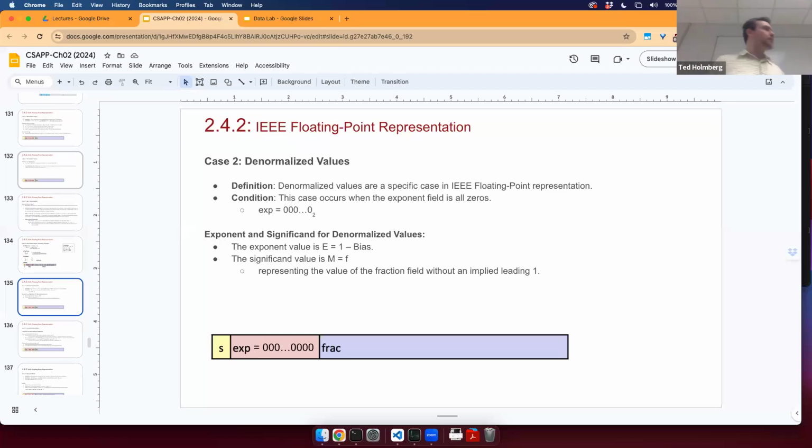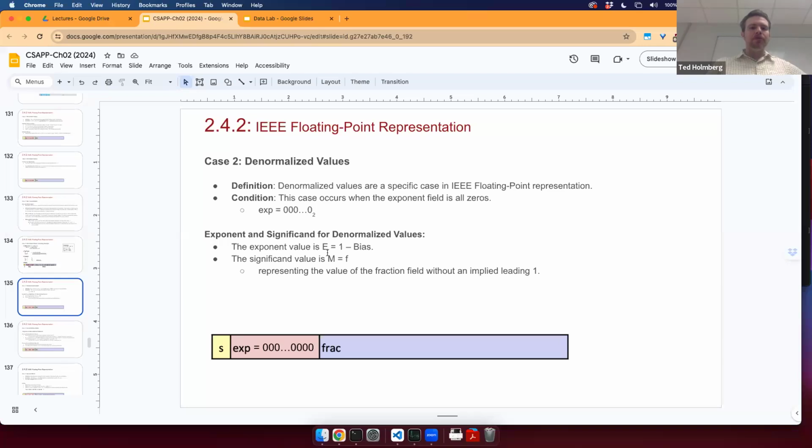So just so that we can stay on target with what our cases are, let me roll immediately into my denormalized values. Denormalized values are these instances where my exponent field is all zeros.